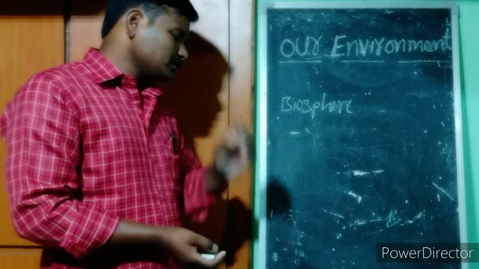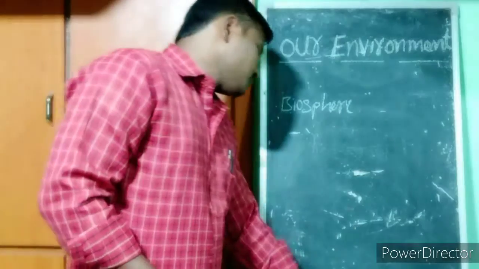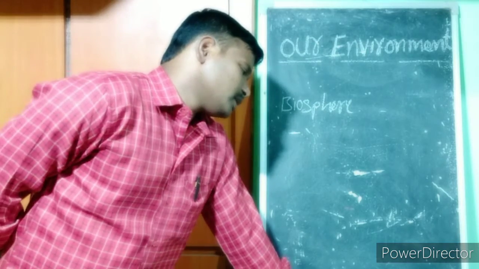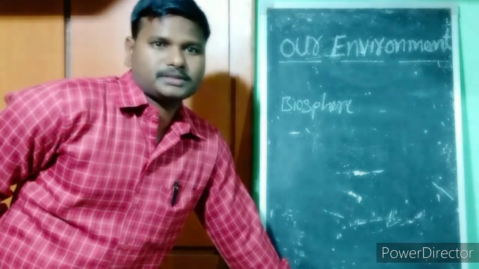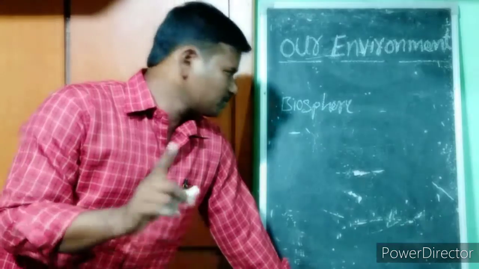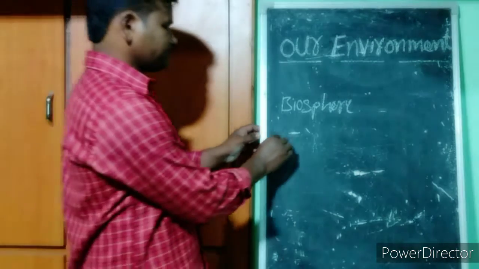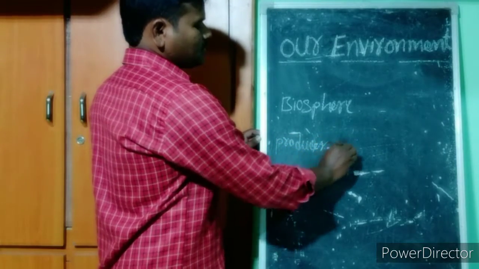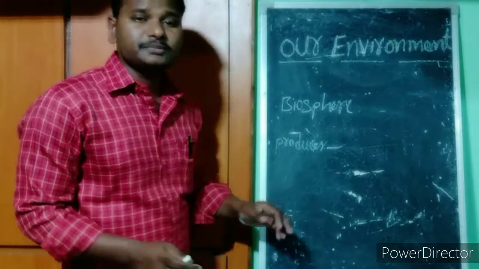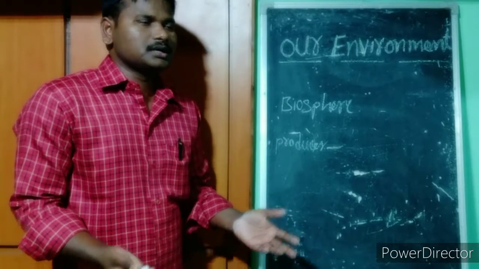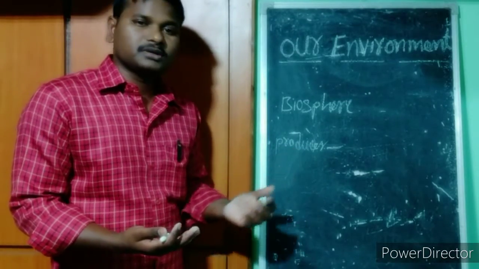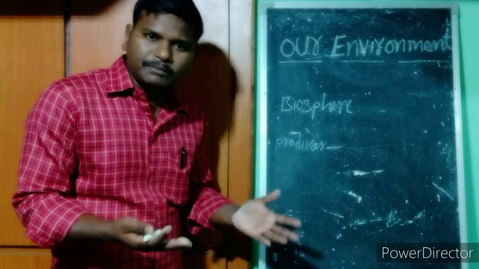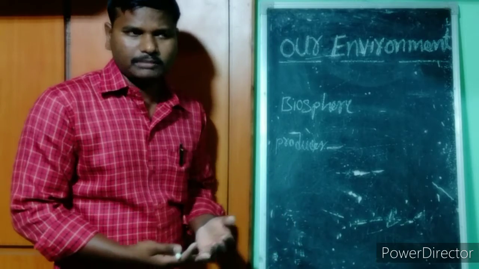In the biosphere, there are two major elements: producers and consumers. First, the producers. A producer is one that is capable of making food by itself from the environment.